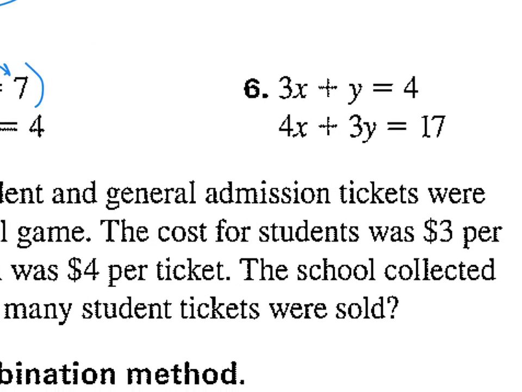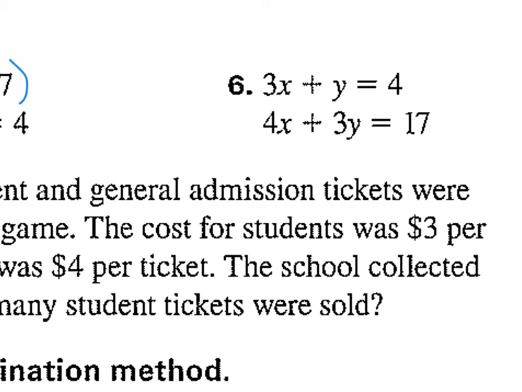In number 6, let's distribute this top equation by negative 3. That'll get rid of the y's. That'll cancel all the y terms out. You're solving for x, and then plug it back in to solve for y.